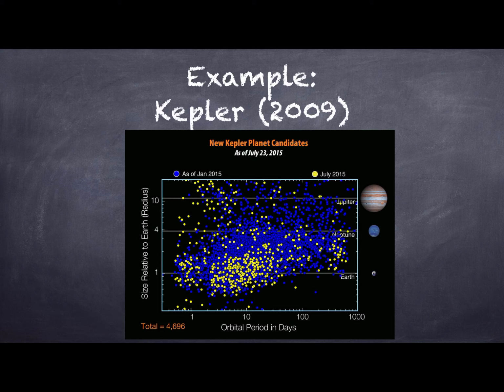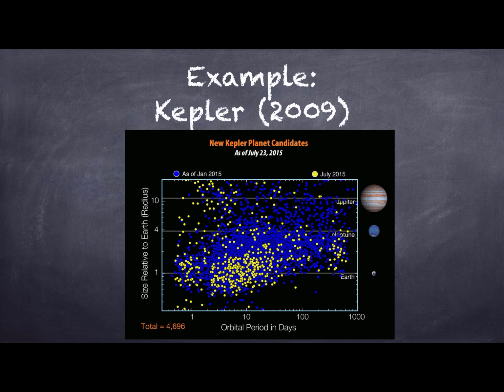Here is a graph as of about 5 years ago of the planets that Kepler has found. What's interesting on this graph is that now that we know of thousands of planets, we can talk a little bit about what is typical in terms of planets outside of our solar system. So from this graph, you can see that a typical extrasolar planet or exoplanet is going to be probably larger than the Earth's size.